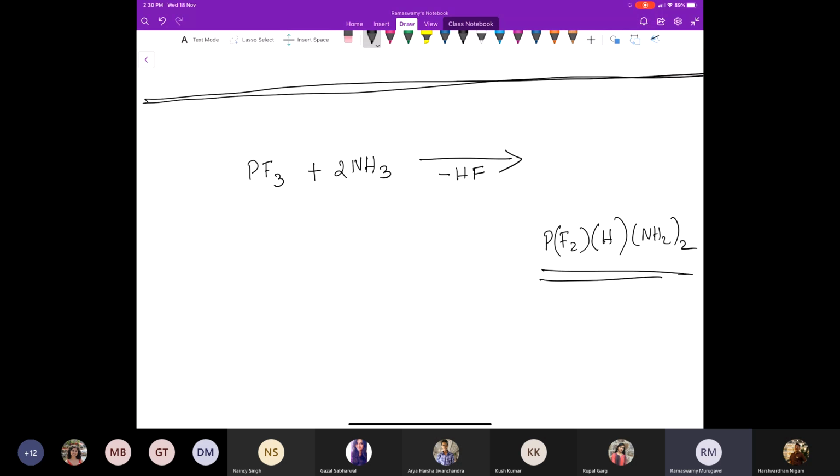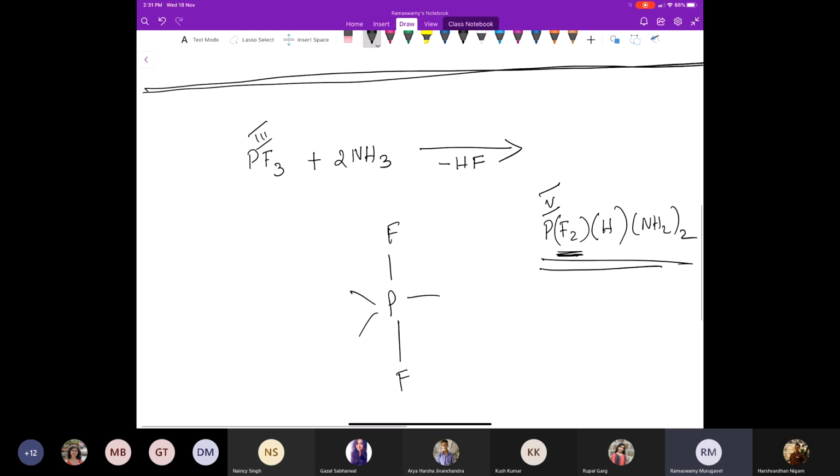Obviously this is a P(III) compound, trivalent phosphorus, and this is a pentavalent phosphorus. This is a sort of addition reaction. The phosphorus has a trigonal bipyramidal geometry, with fluorine being the most electronegative, by VSEPR theory, in the equatorial position. There's one hydrogen which will also be in the equatorial.